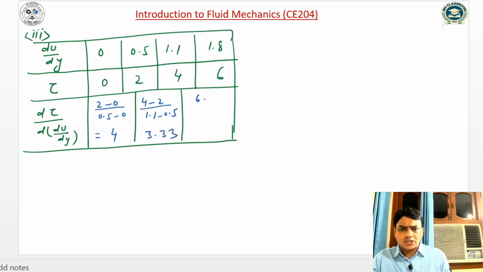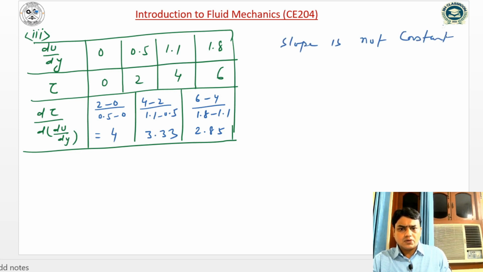Similarly here, 6 minus 4 divided by 1.8 minus 1.1, so 2 divided by 0.7, which is 2.85. So here the slope is not constant. As du by dy increases, the slope decreases.